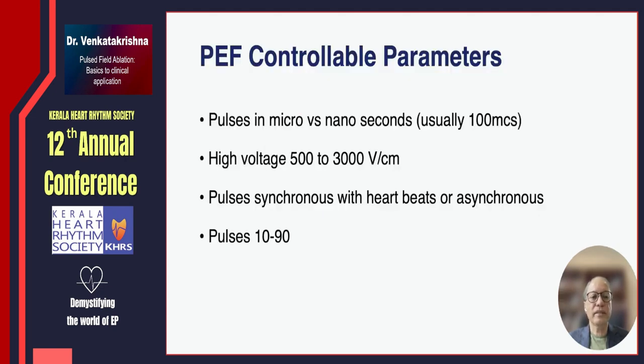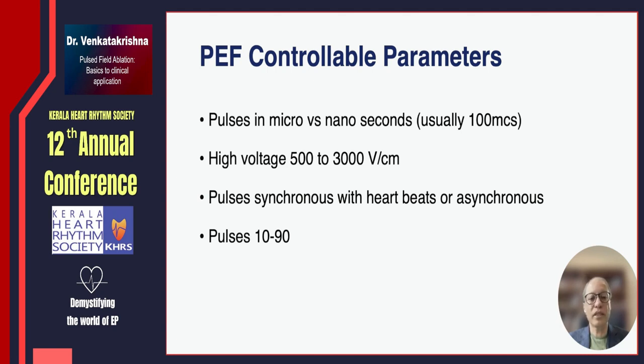There are many controllable parameters for pulse electric fields. One is pulses in the microsecond range, and another set currently being used is in nanoseconds. Then high voltage from 500 to 3000 volts per centimeter can be utilized in delivering energy to an acceptable level in the cardiac myocytes.